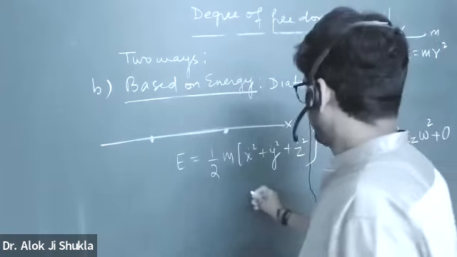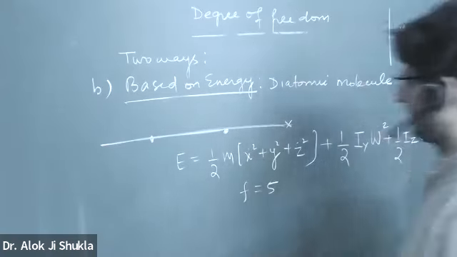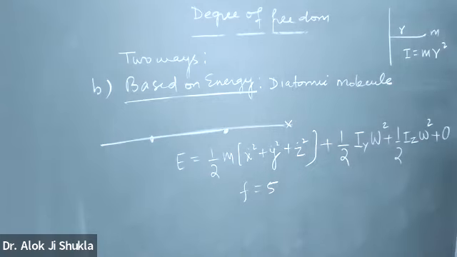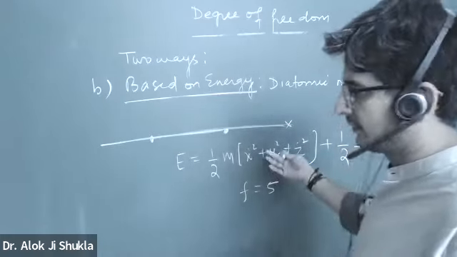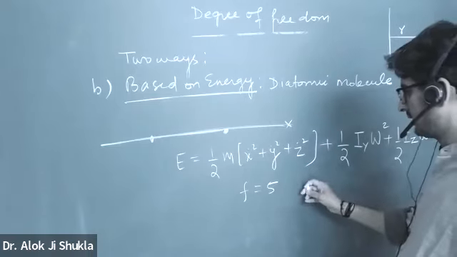So how many square terms are there? Now the degree of freedom will become 5. If you increase the temperature further, then what will happen? The vibrational terms will also be included. So its degree of freedom will increase. That I will discuss in a short time.